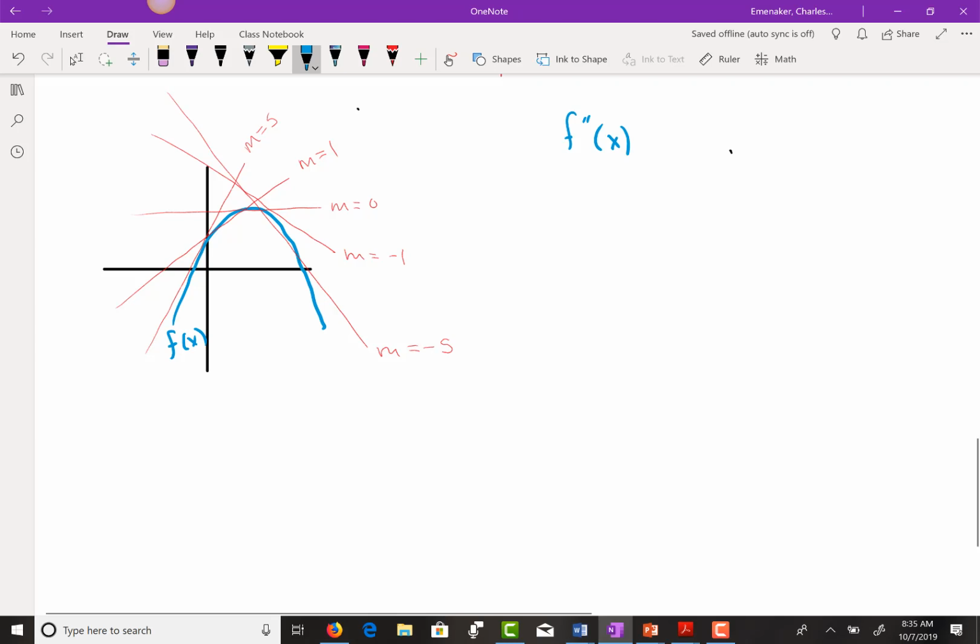The slope's moving in a negative direction. It's going to be less than 0, which means that it's concave down, which also means it's a max. So realize the second derivative tells you what direction the slope is moving in. Make sense? Everybody good with that?